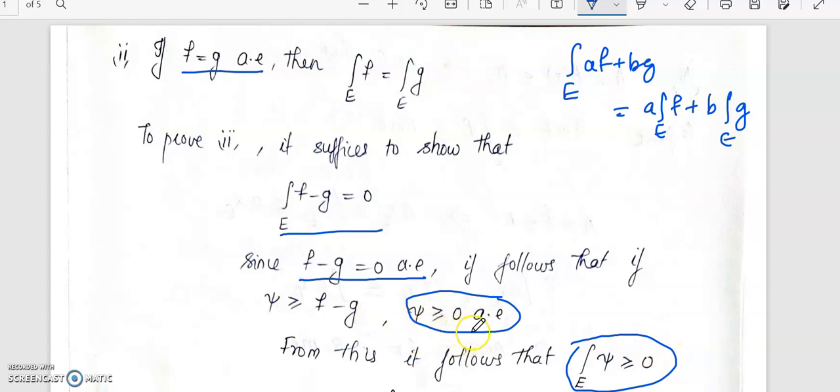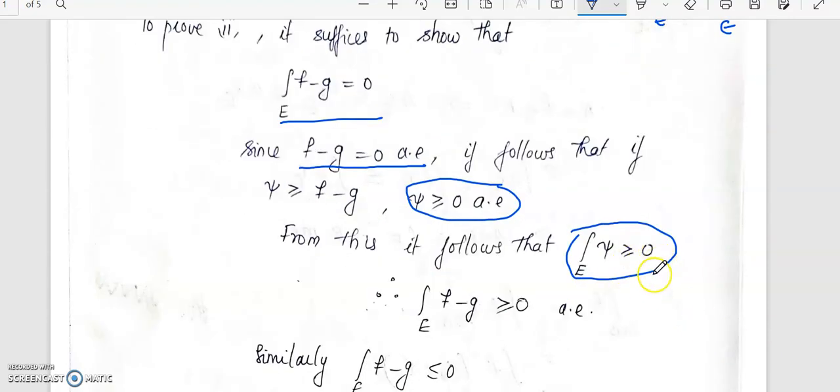So in that case, integral over E xi will be greater than or equal to 0.